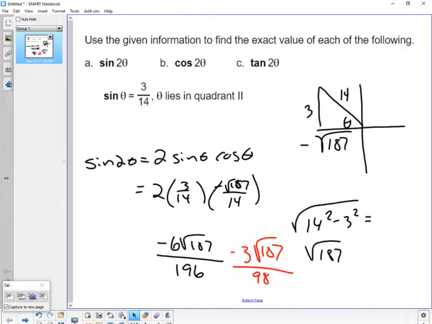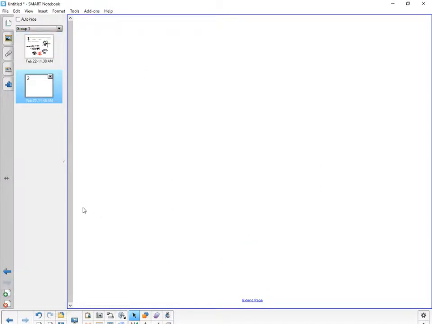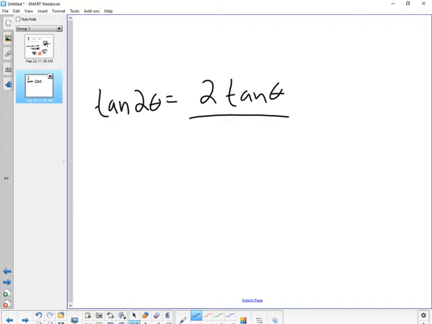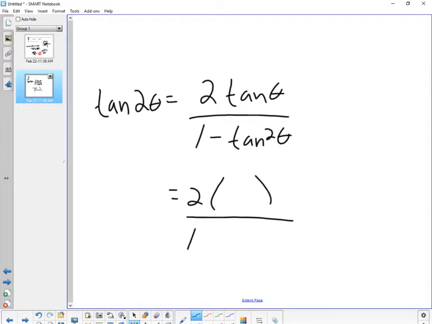So what's the formula for tan 2 theta? 2 tan theta over 1 minus tan squared theta. Okay. Do you remember our numbers?